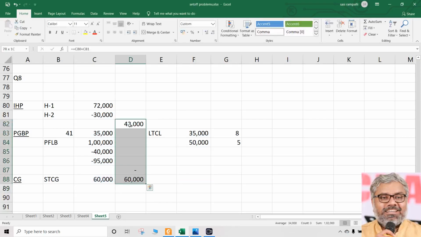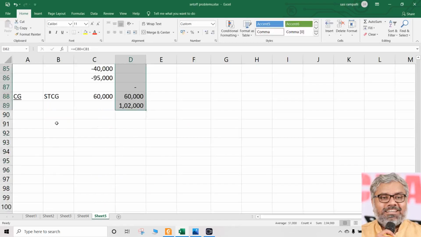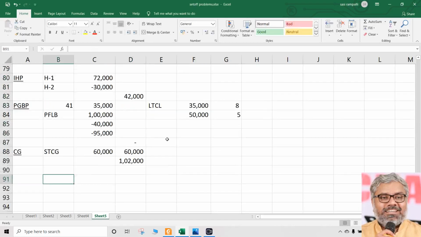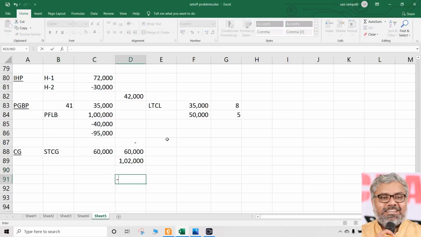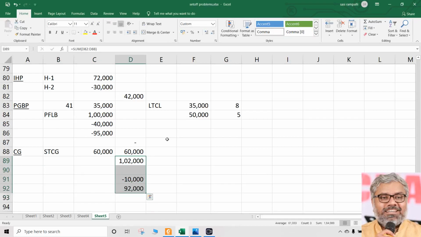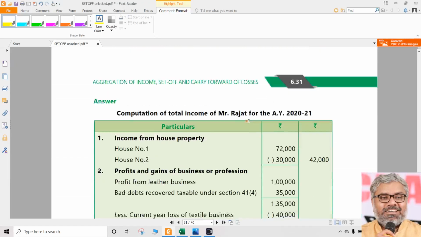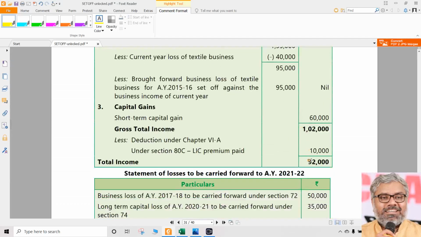So total income of this SSC is going to be how much? Gross total income of the SSC is going to be 1,02,000. And ATC deduction, of course, if it is given around 10,000 rupees, then the total income of the SSC is going to be 92,000. Finally, that is the answer. 92,000. 1,02,000 is the gross total income.